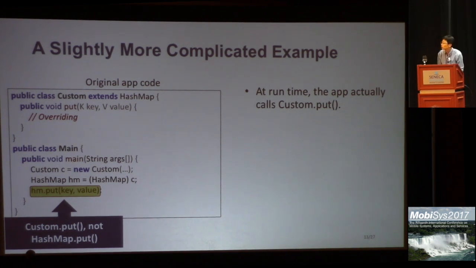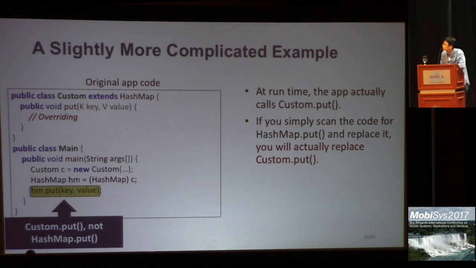Now here is the problem with method replacement. If you simply scan the code for HashMap.put and replace it, then you make a mistake. The reason is that if you simply scan the code for HashMap.put, then you will find that this line seems to contain a call to HashMap.put.